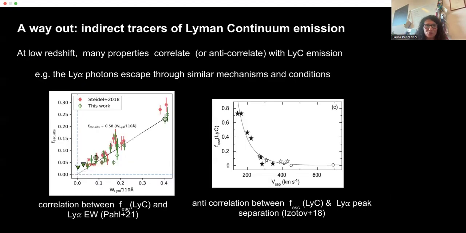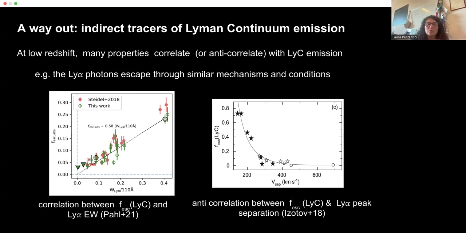Yeah, related. And actually, the first slide that I will show tomorrow is that observationally, empirically, there's a relation between the two emissions. And this is simply due to the fact that the conditions that favor the production and escape of the Lyman continuum and the Lyman alpha photons are probably very similar. If you have dust, at least in some models, it will suppress Lyman continuum and also Lyman alpha. Not in all models for Lyman continuum, as I showed before.